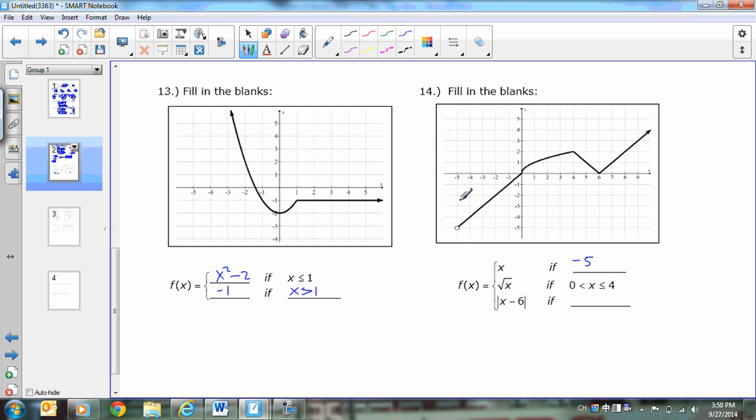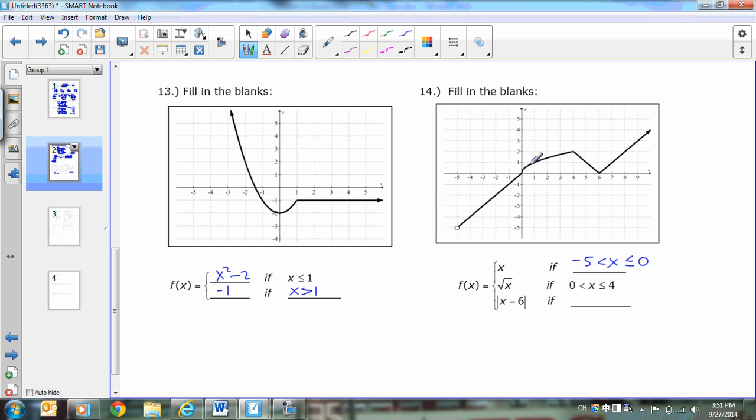So we'd say our output is x as long as our input is negative 5 less than, notice the open circle, so we're going to keep that strictly less than x, which at the same time is less than or equal to, this part of the function ends right here when x is 0.